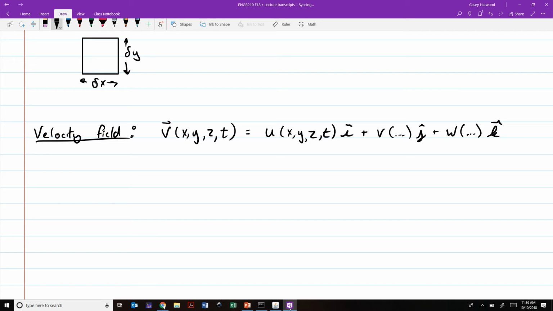So the first type of motion, linear motion, also known as translation.